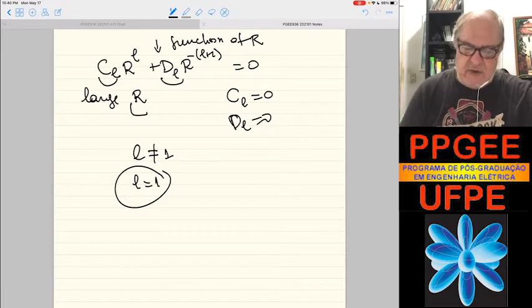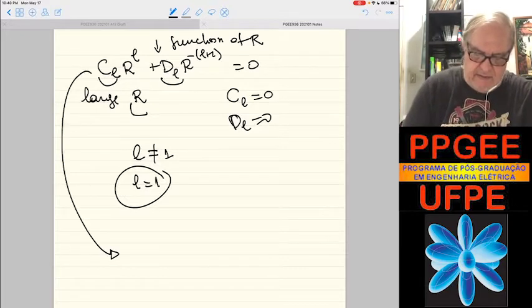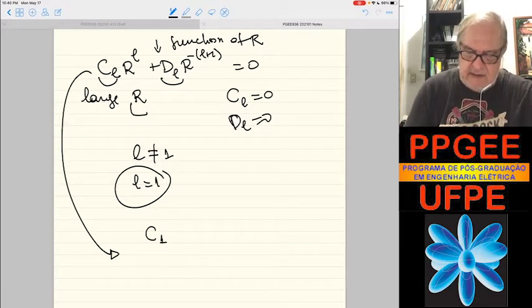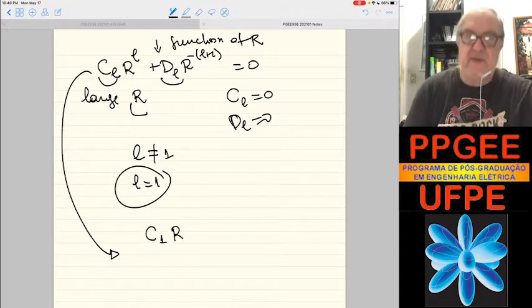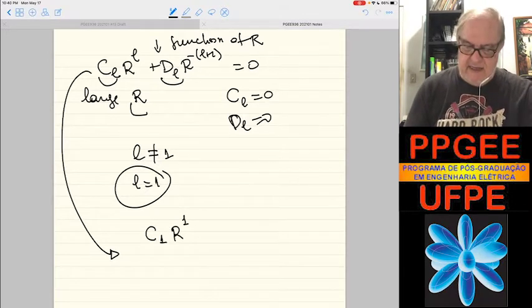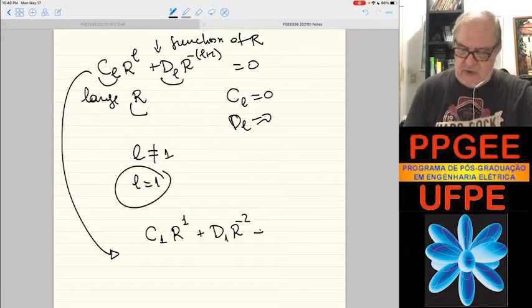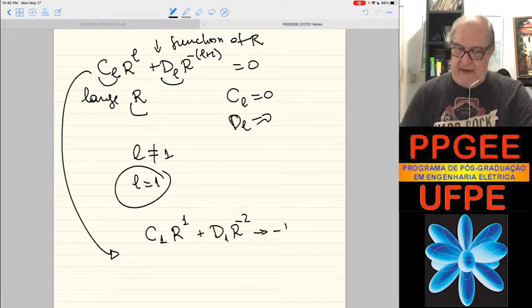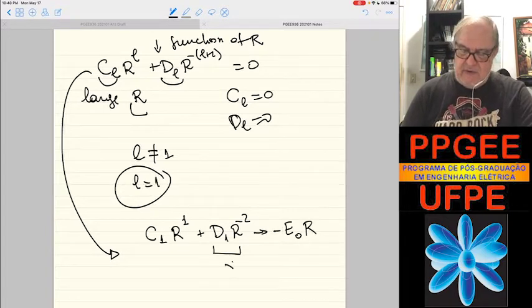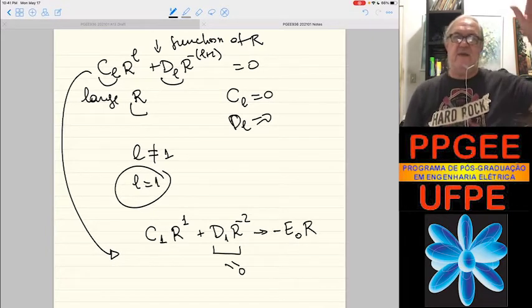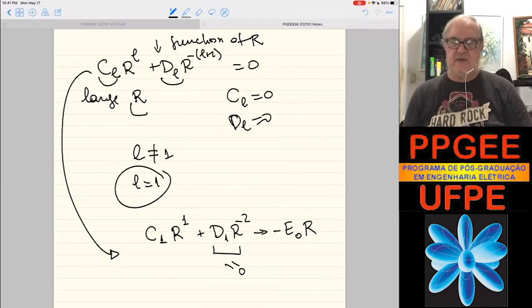For L equals 1, I have C1 R to the first power plus D1 R to the minus 2 has to converge to minus E0 R. This term goes to 0 because 1 over R squared goes to 0.